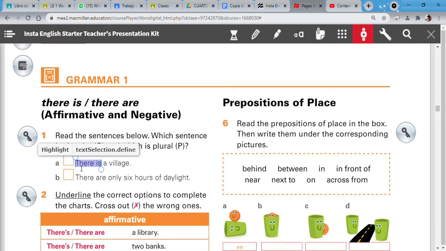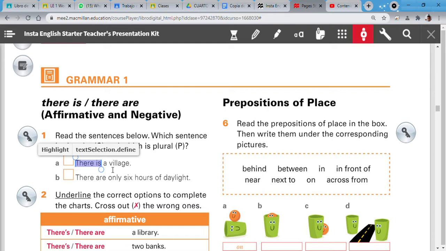For example, there is a village, there is a teacher, there is a book, there is a car, there is a dog, or in some cases you can say there is an apple, there is an airplane, there is an orange. So there is no problem.